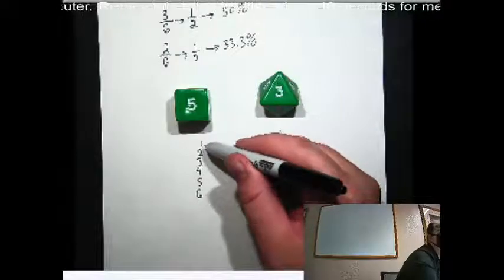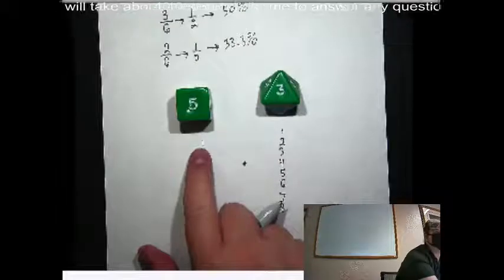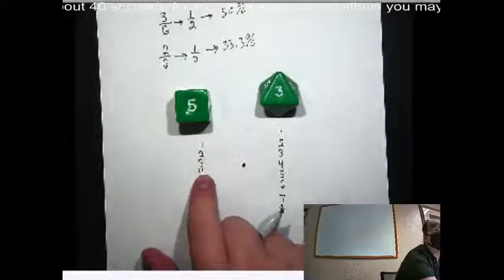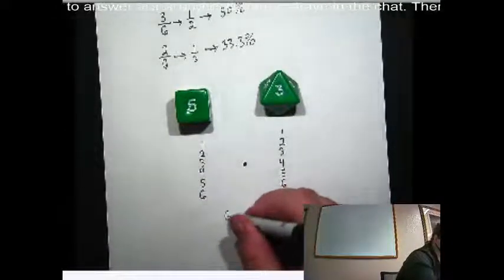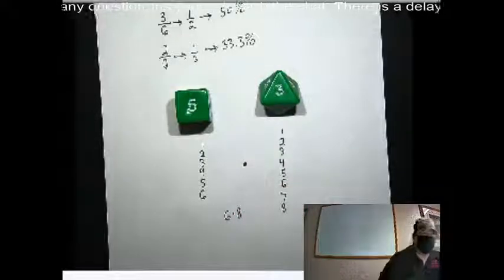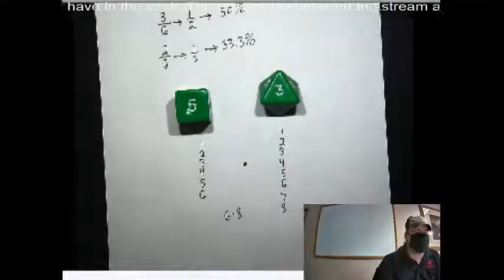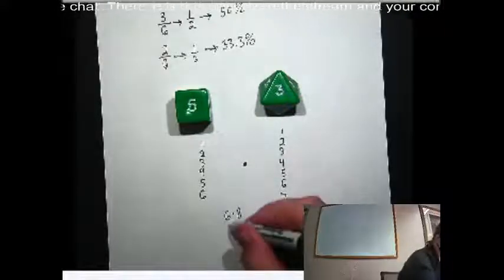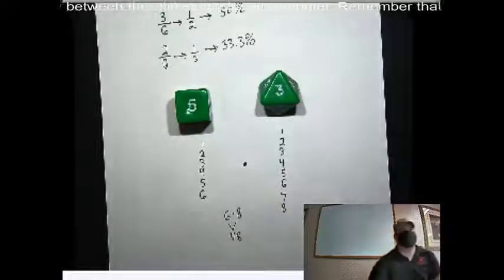Okay? So again, for each of these, there's 8. And since I have 6 of them, that's 8 plus 8 plus 8 plus 8 plus 8 plus 8, so I have 6 8s here. So 6 times 8 is the total outcomes possible here. What is 6 times 8? 48. So there's actually 48 possible outcomes for this.